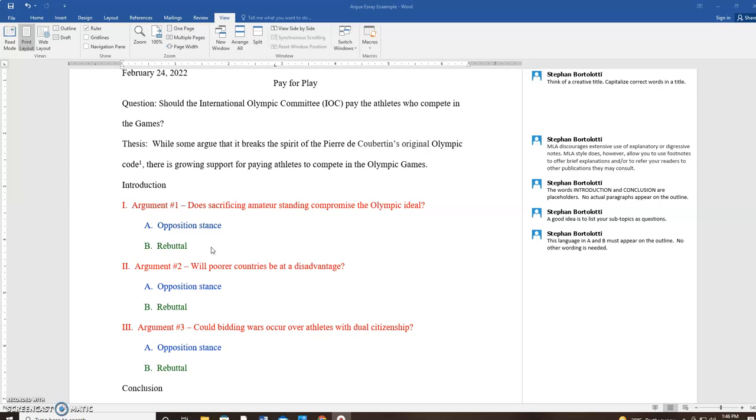So this is a little bit different than the persuasive essay in that you have to research in depth what the opposition states. The best way to win an argument is to know what the other side says and be ready to attack what it says.